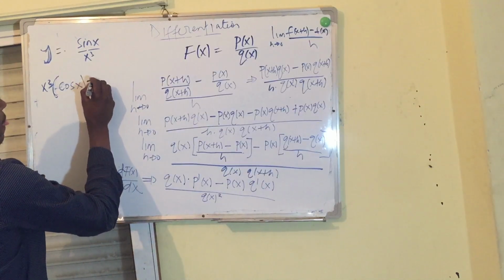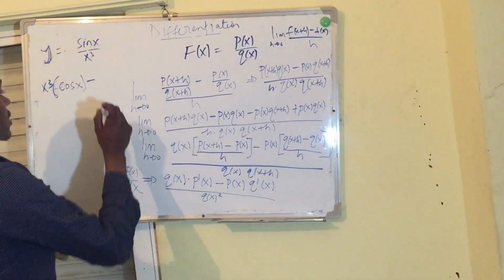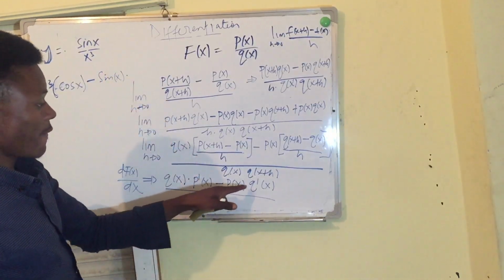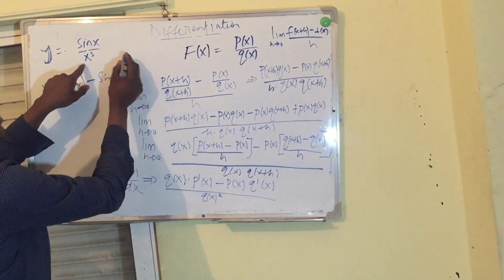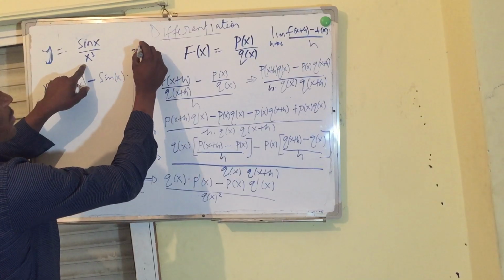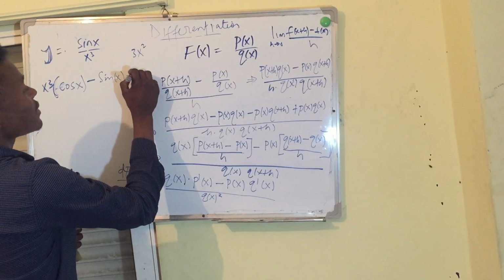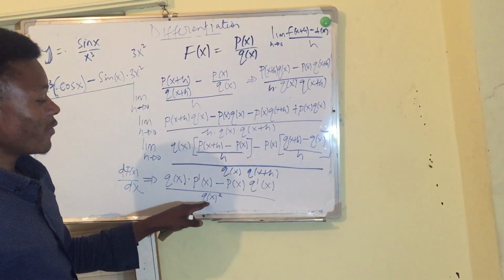Suka ce minus p of x. What is p of x? Abin da ke sama kenan, which is sine x again. Multiply by q prime of x, derivative na ƙasa kenan. Derivative na ƙasa zamu multiply by the power 3, x subtract 1 from the power, square. So this is times 3x square. Then suka ce divide by q of x square.